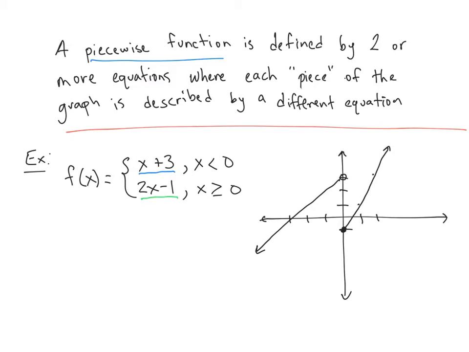equal to 0. So how we can kind of think of that is when x is less than 0, that's over here, right? And so this kind of piece of the graph here is corresponding to that equation, right? And then x greater than or equal to 0 is over here, and this piece of the graph is corresponding to this equation here, right?